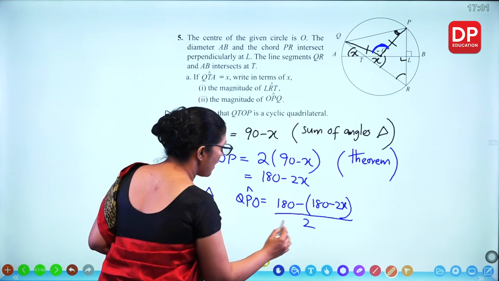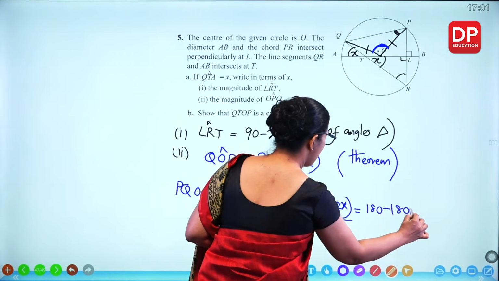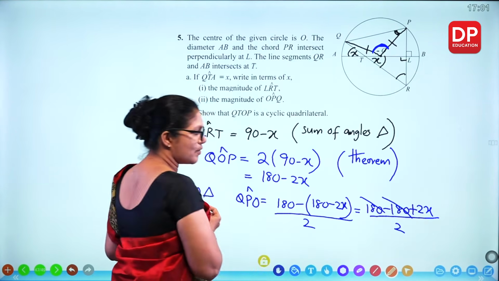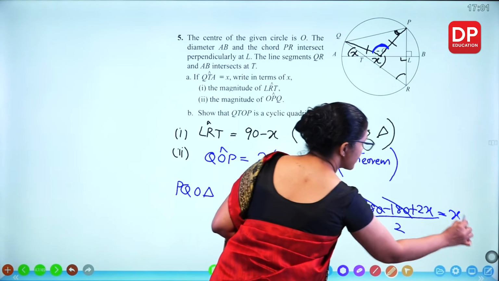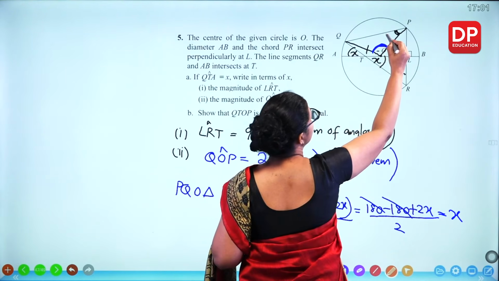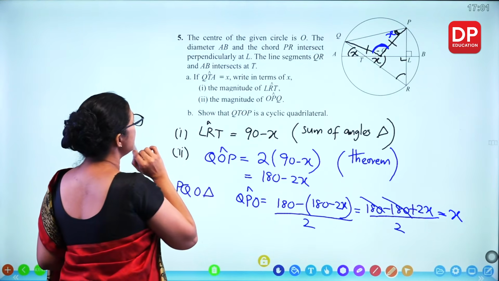So when you simplify, what do you get? 180 minus 180 plus 2x divided by 2. The 180 cancels out. 2x divided by 2, that's x. So we found out this is x. So these are the two angles.